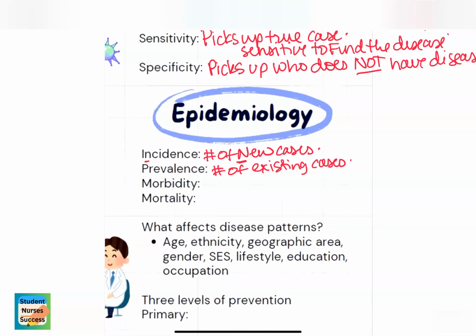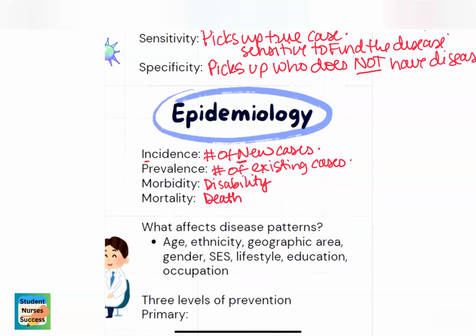Now, morbidity is the term for disability. Some diseases cause a lot of morbidity. Stroke, for example. A lot of people don't die from ischemic strokes, but they have a lot of morbidity or disability from ischemic strokes. However, mortality is really about death from disease.